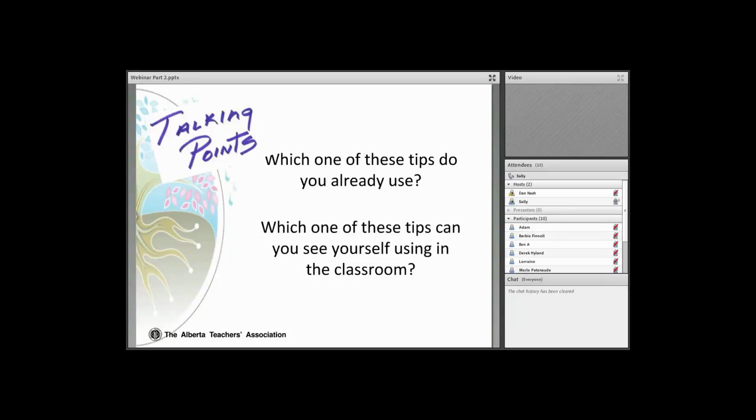Looking at the tips for teachers on page 31 of our participant guide, is there one of these tips that you already use in your classroom? Or, which of these tips can you see yourself using in the classroom? If you could provide examples, I think that really helps our discussion.